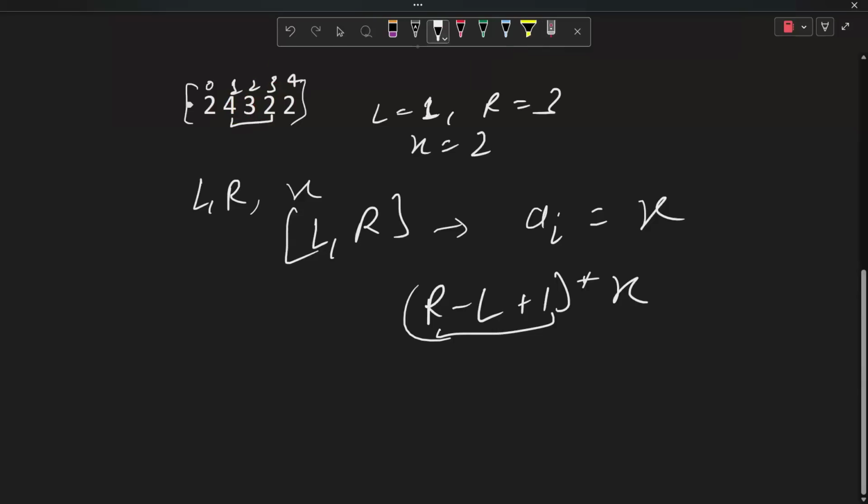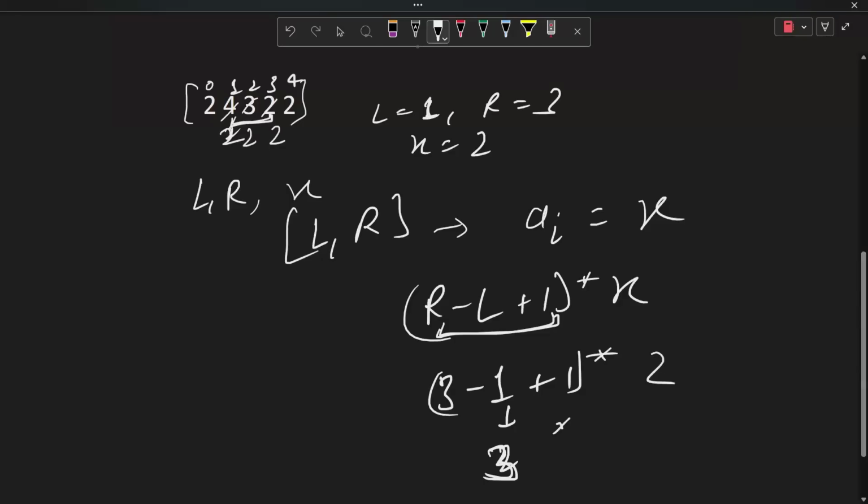The cost of this operation is the length of the range: 3 minus 1 plus 1, which is R minus L plus 1. So there are 3 elements in this range. This length multiplied by x, which was 2, gives 3 times 2, which is 6.